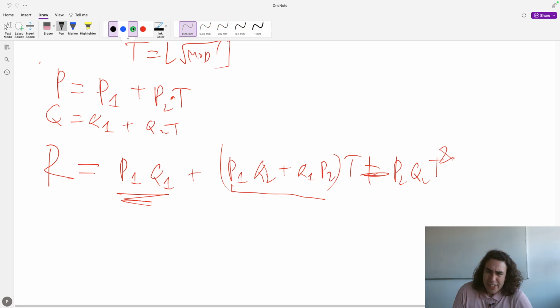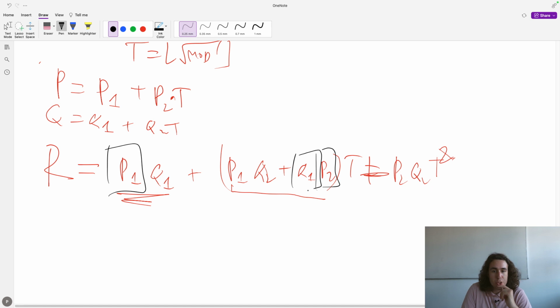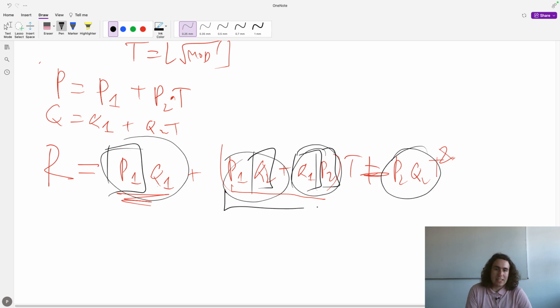You can see that probably we need a bunch of different FFTs here, right? We need to calculate the FFT of P1, of P2, of Q1, of Q2. Given those, we can calculate this product, this product, this product, this product. I mean, we can sum these two things up. And then we need to do three inverse FFTs, right? We need to inverse this, this, and this. So in total, it's going to be 7 calls to FFT.